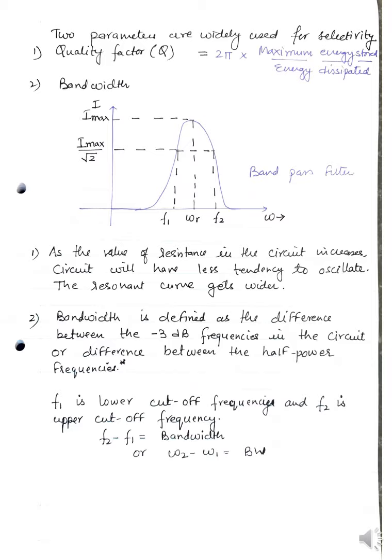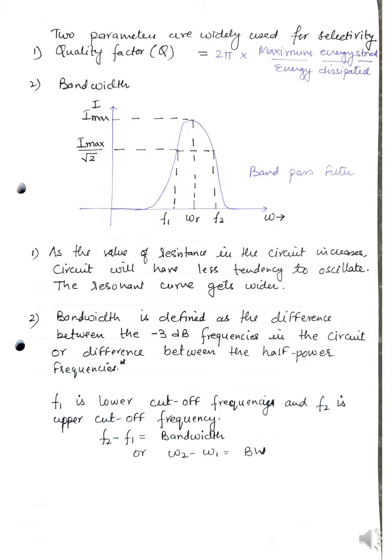Now two parameters are widely used for selectivity. First one is quality factor Q, which is equal to 2 pi into maximum energy stored in the circuit divided by energy dissipated in the circuit. And another one is bandwidth. So now the thing is that quality factor tells how good your channel is when you are using a particular channel for communication.